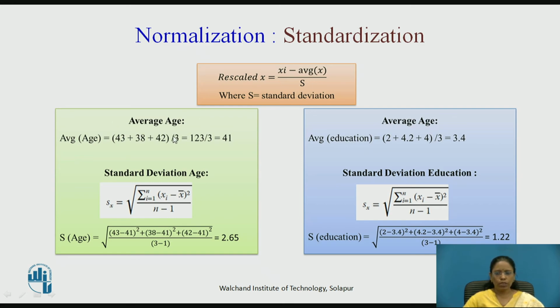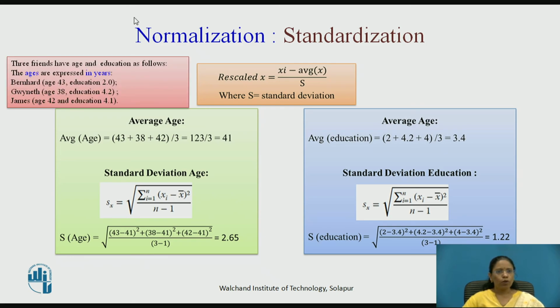So the average age for these friends, when ages are expressed in years, is 43 plus 38 plus 42 divided by 3. So the average we get is 41. For standard deviation, the formula is the square root of the sum of (xi minus x bar) squared, divided by n minus 1. I need to sum up all those.